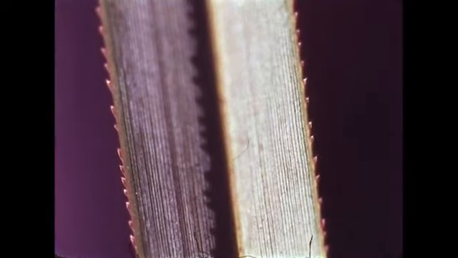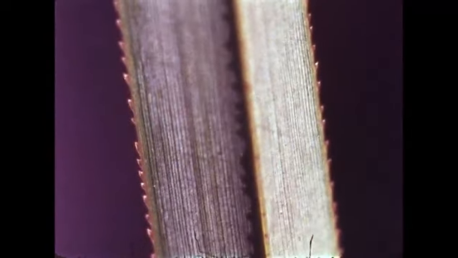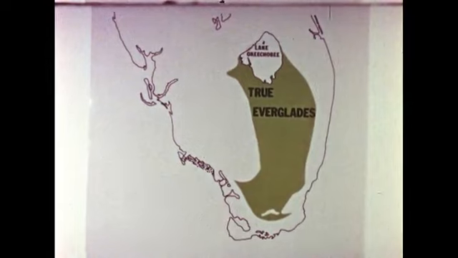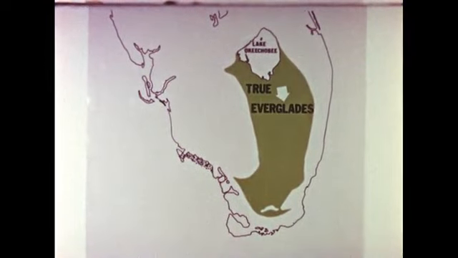Looking closely at sawgrass blades, one can appreciate the flesh-cutting power of this plant. The surface waters filter very slowly as one broad and shallow expanse through the sawgrass prairies from Lake Okeechobee toward Florida Bay and the Gulf of Mexico. In fact, the Everglades has been appropriately called the River of Grass.